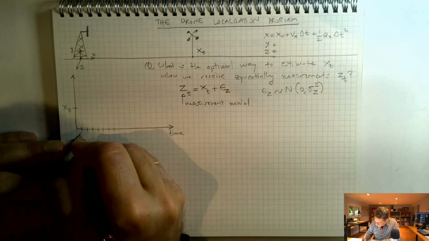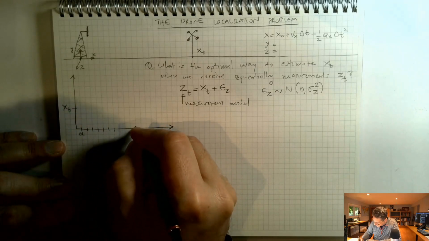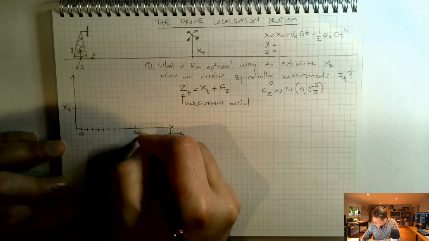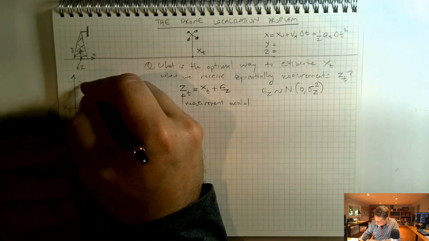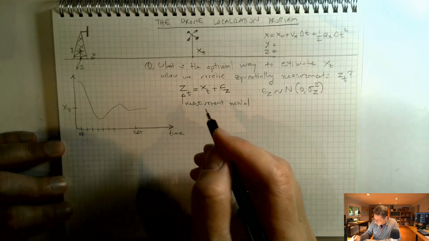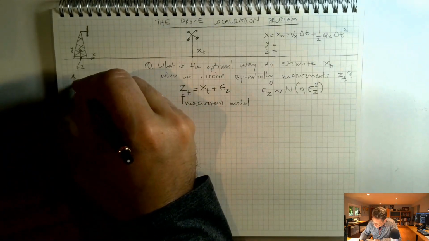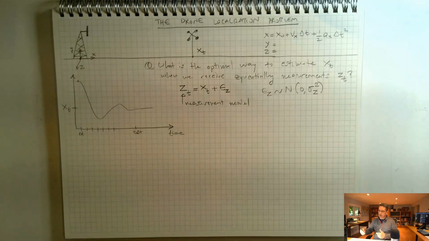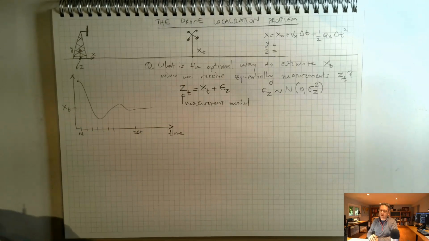This is delta t, this is 2 delta t, and so on, in general t times delta t. We may start from some initial estimate of the location, and gradually, as the measurements come in, we converge around the true value. That is what is supposed to happen in this estimation approach.